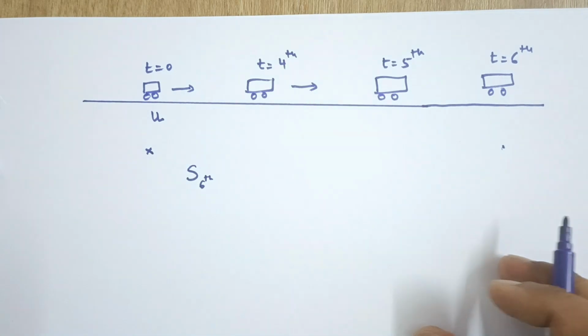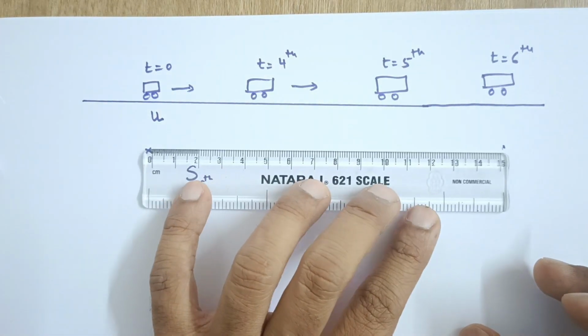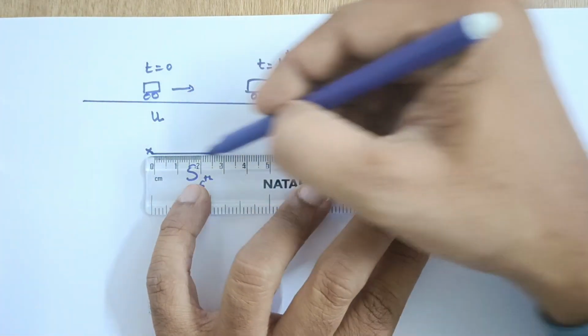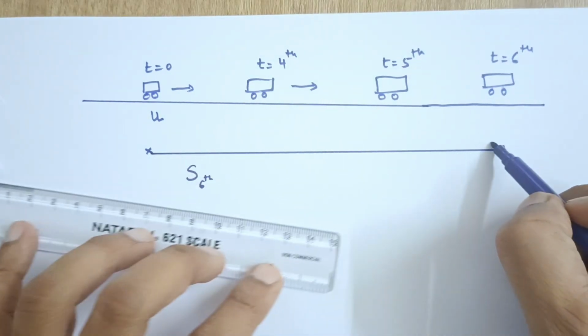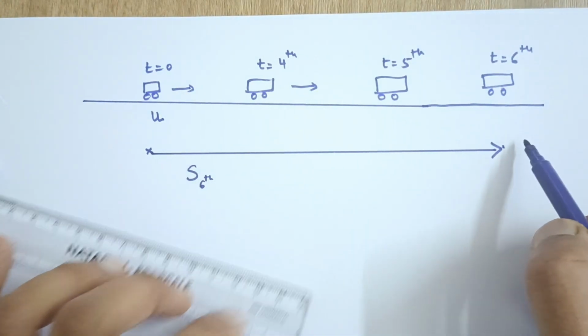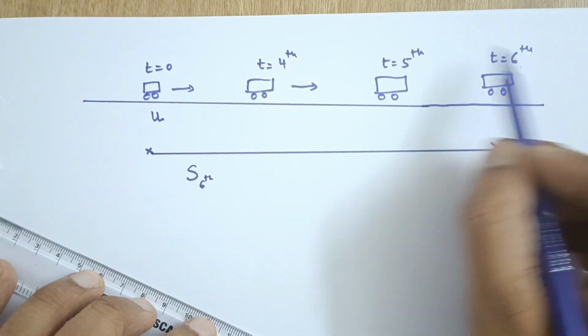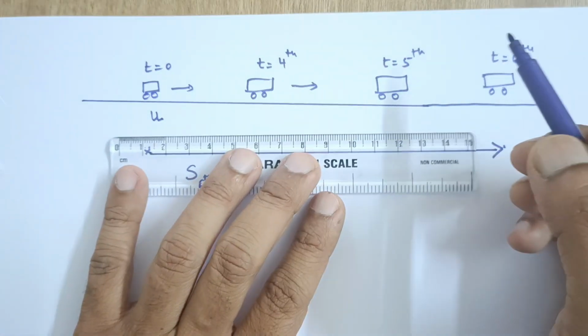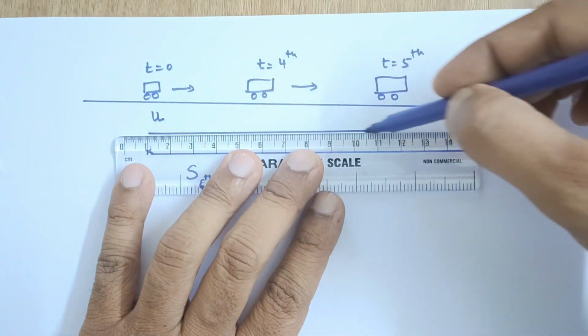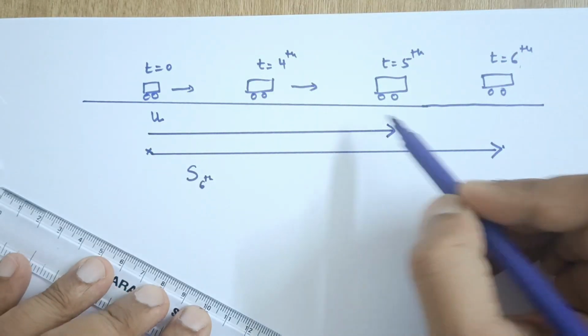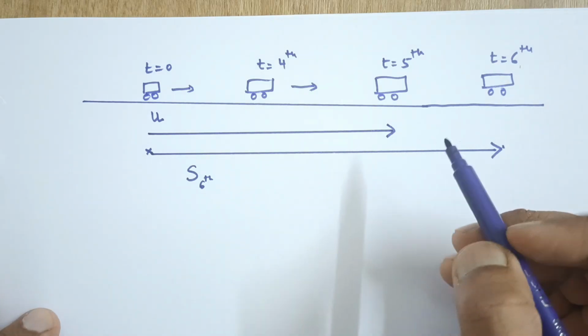So what you do is, from time 0 to time 6 seconds, this is the total distance traveled by the car in 6 seconds, and then minus 1, time minus 1, so 5 seconds. From 0 to 5 seconds, this is the distance traveled by the car in 5 seconds.